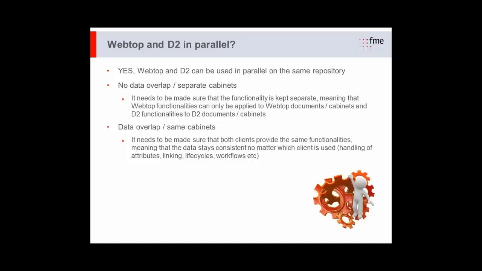In addition to that, there are some other important aspects you should know if you want to use D2 and Webtop in parallel. So, for example, D2 overrides the Documentum mail method for sending emails.